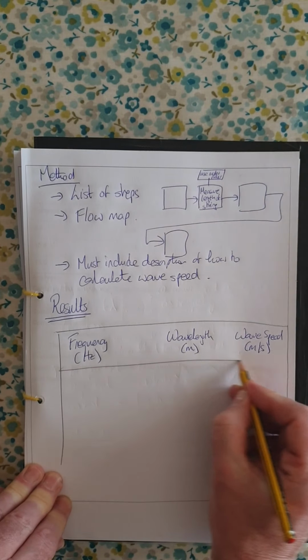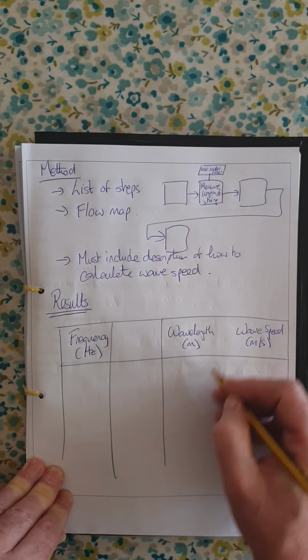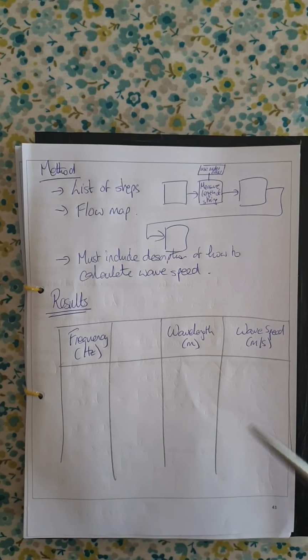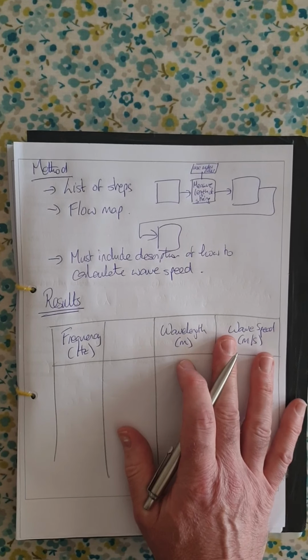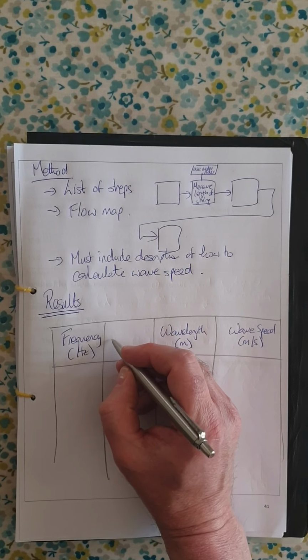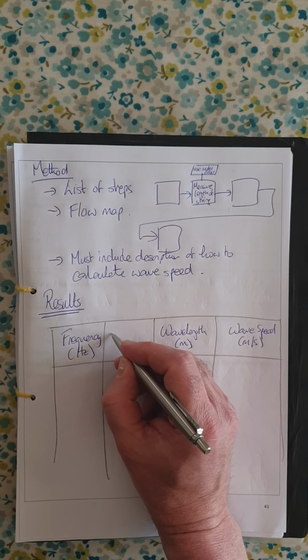So here we have our table of results. You've noticed that I've left a little gap here. What is actually quite useful to do when recording this experiment is to have the diagram of the stationary wave.